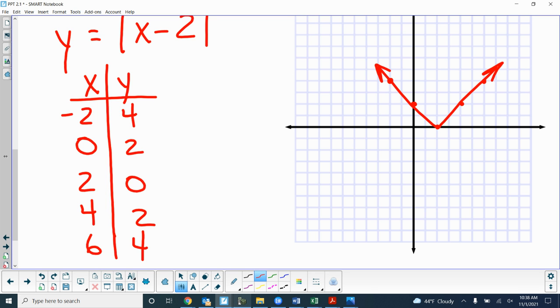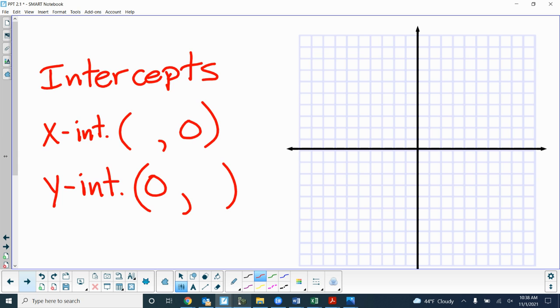All right, last thing, sometimes they'll have us graph a line using the intercepts, or maybe a parabola using the intercepts. Again, that just means where your graph crosses your x and y axis. The x-intercept is always a point on the x-axis, and sometimes there's more than one. The y value is always what on the x-axis? 0.